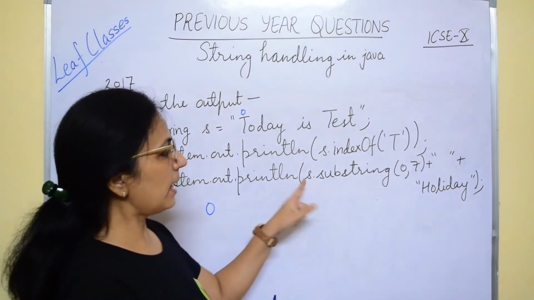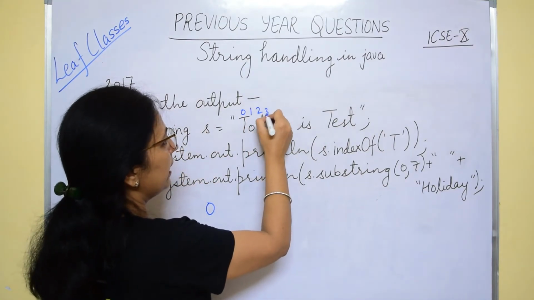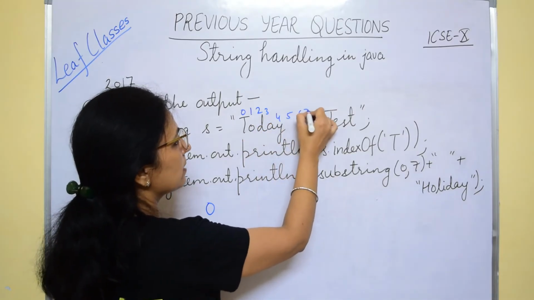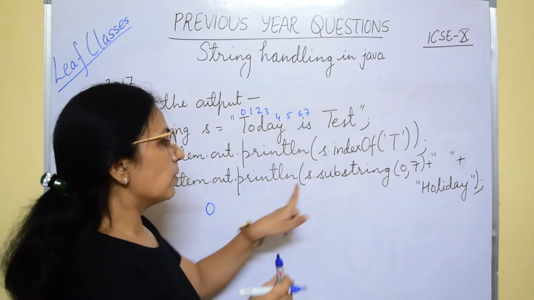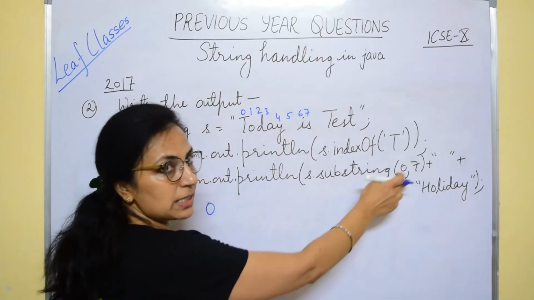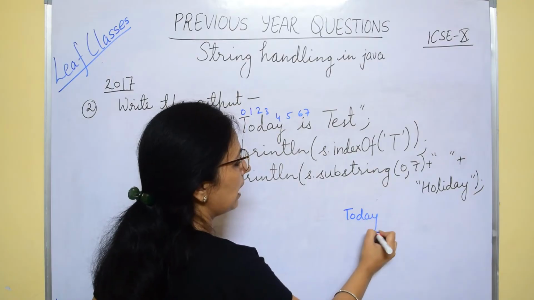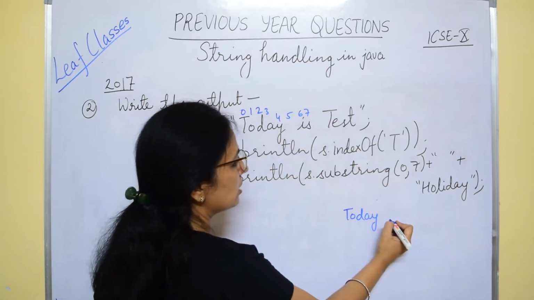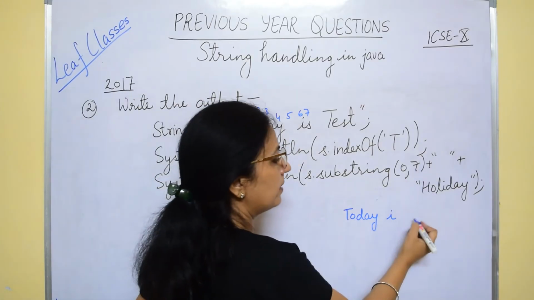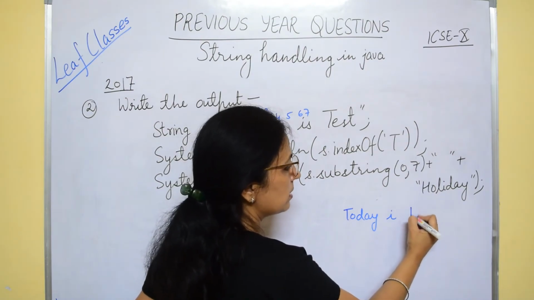Then the second line, s dot substring 0, 7. We must give the index numbers 0, 1, 2, 3, 4, 5, 6, 7. So starting from index number 0 till 7 but excluding 7. So from 0 to 6 it is TODAY and space I. Then after this a space is added, plus holiday.